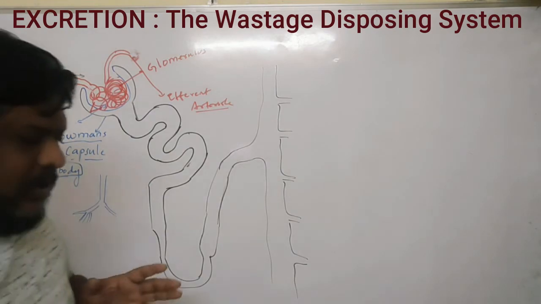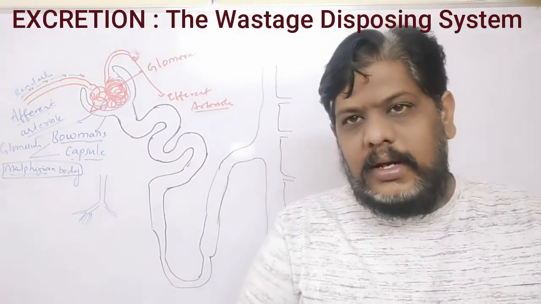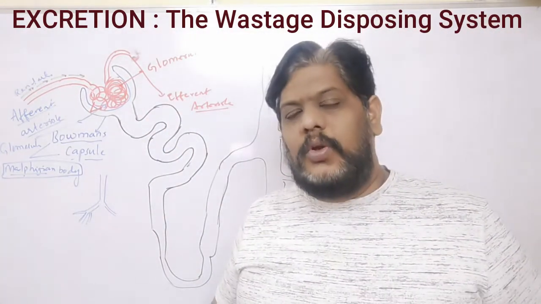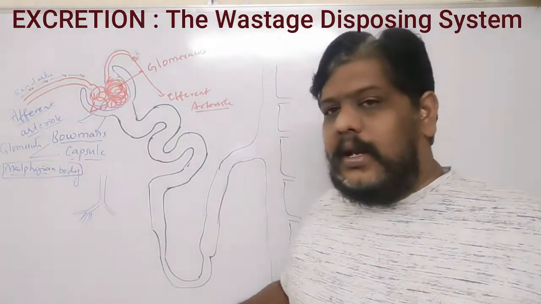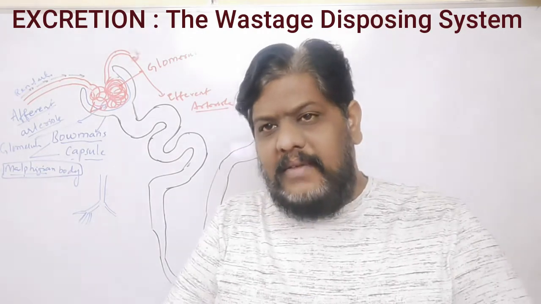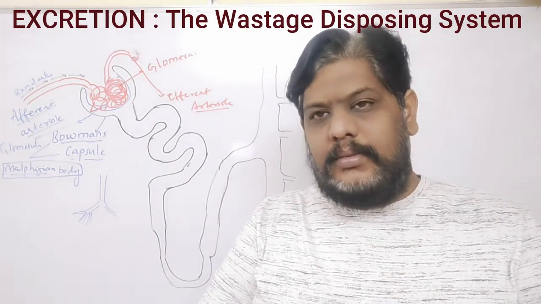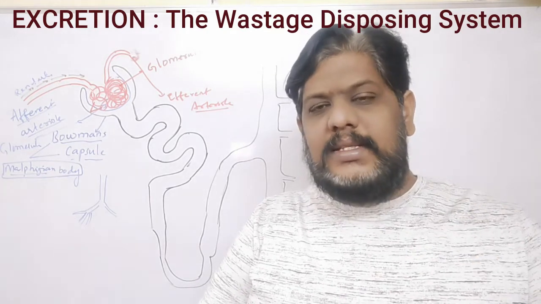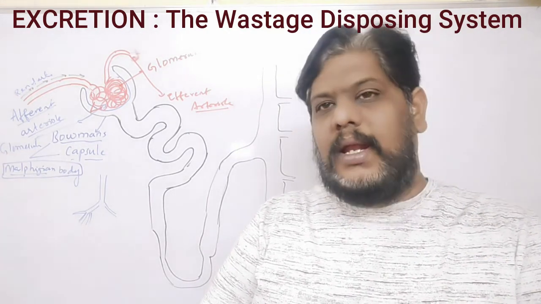Now I just want to share a little information with you about why this is happening. What is the reason behind this? Now, our blood will have all the impurities inside, isn't it? Whatever the waste material is there will be in the blood.